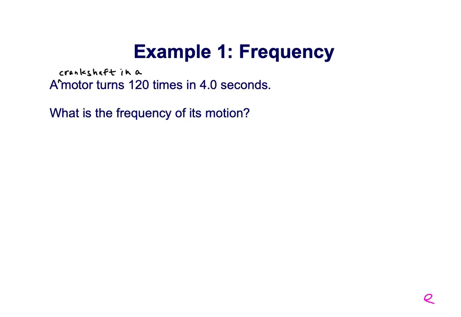So a motor turns 120 times in 4 seconds. So this would be revolutions. The crankshaft spins 120 revs in 4 seconds. What is the angular speed?